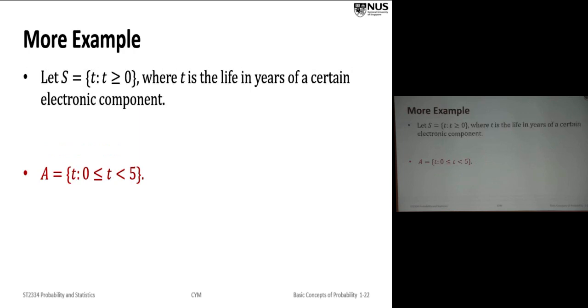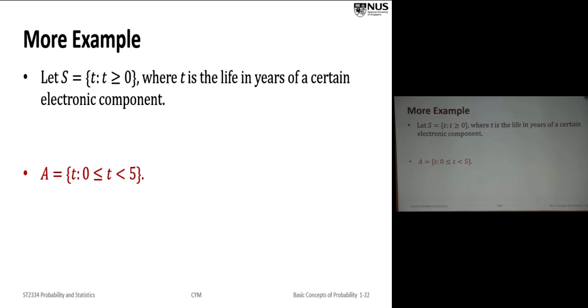So here are other examples. If the sample space is the whole positive real line, like the life in years, what's the chance that the lifetime is less than 5 years? So this is an event. The lifetime can be from 0 onwards.